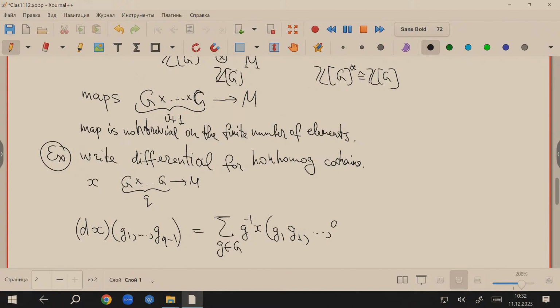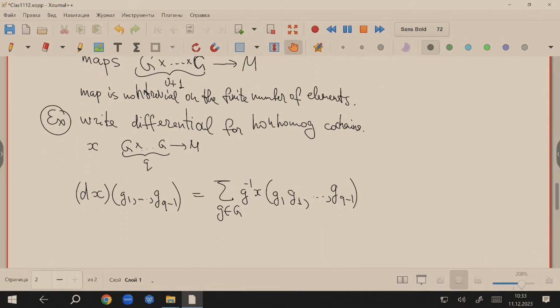Sorry, here I'm writing down the differential for homogeneous cochains, but the target is a module with the structure of G, and the cochain is not homogeneous. For a homogeneous cochain, multiplication of all entries by G results in multiplication of the target. Here the answer is different.